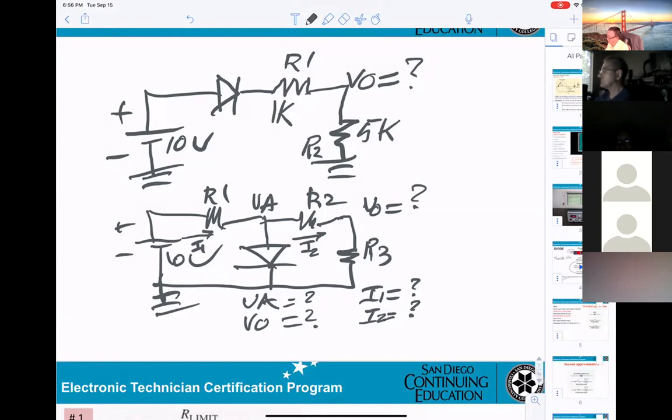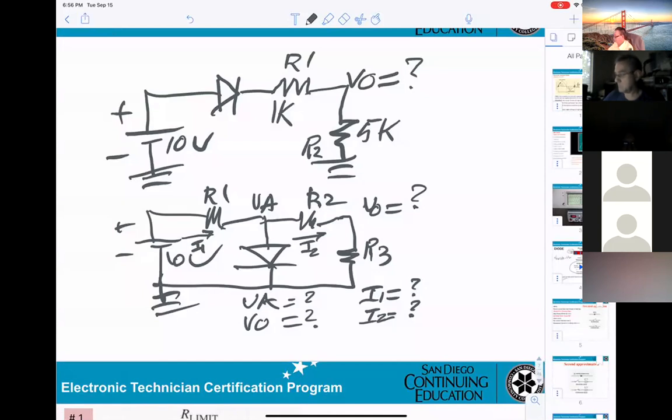Yeah, using PSpice, and run the simulation. It tells you every voltage, every current. However, before you do it, try to do the calculation first to see how much you understand.